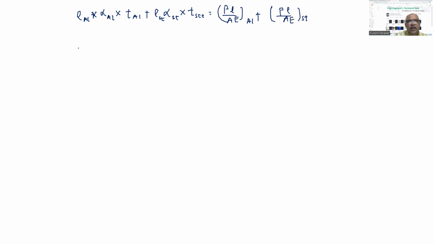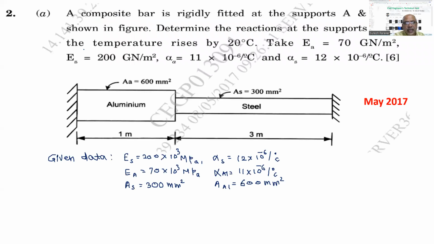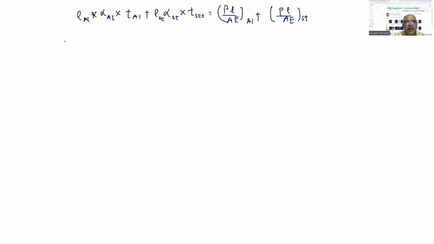Now we will solve this. L we have for aluminum is 1000, you can see. Alpha for aluminum is 11 into 10 raised to minus 6, and T is given as 20, plus L for steel is given as 3000.